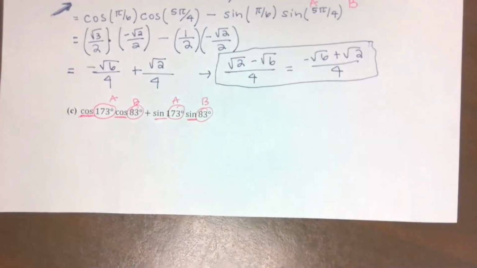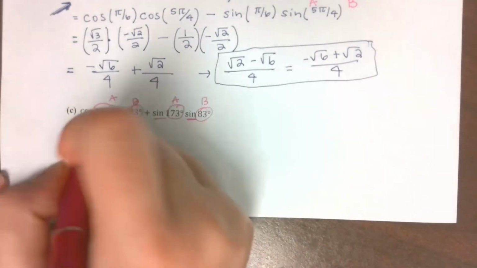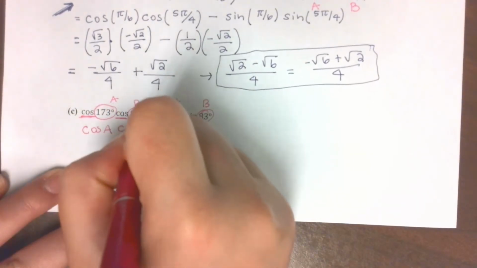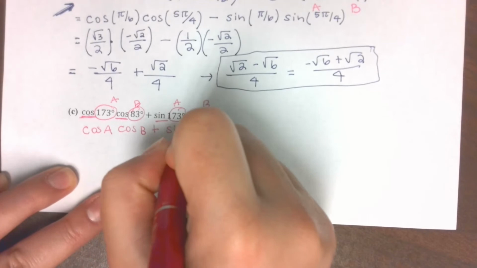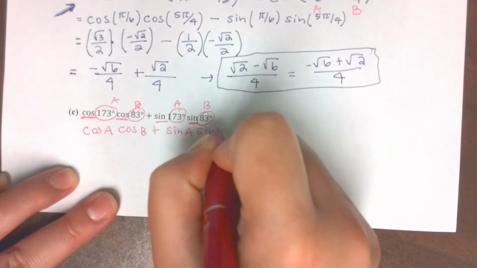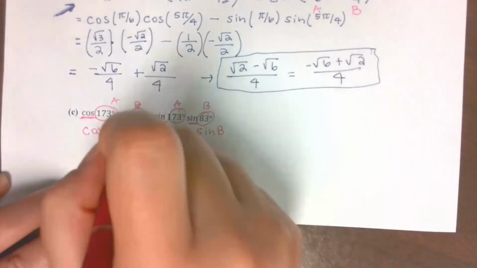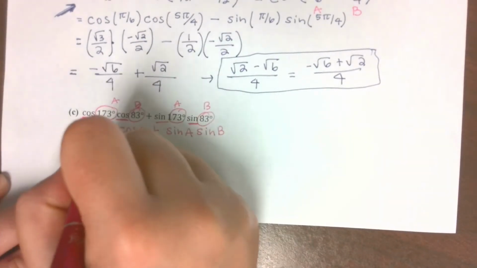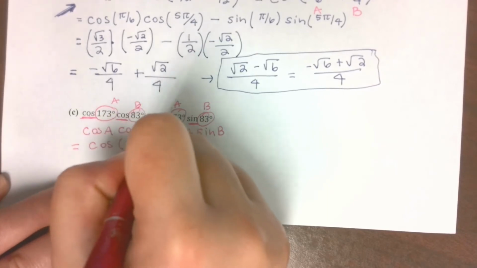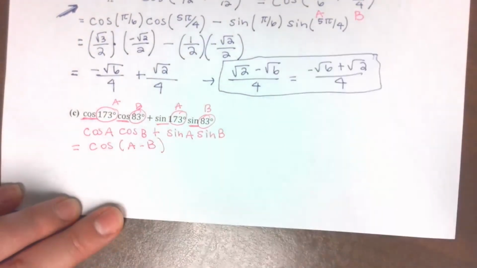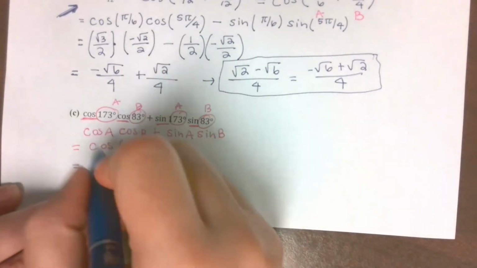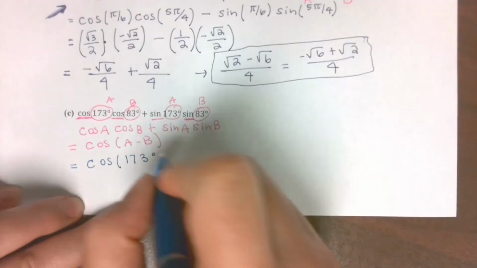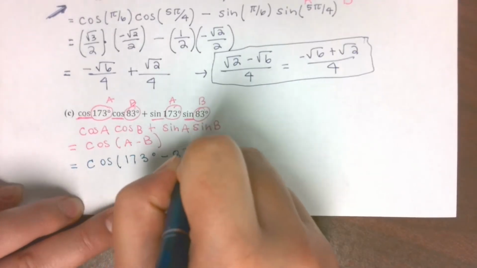Okay, so if 173 degrees is A and 83 degrees is B, so we have cosine A times cosine B plus sine A times sine B. Okay, so this is the difference identity for cosine. So this is equal to cosine of A minus B. Alright, so if we plug in our values for A and B, we have cosine of 173 degrees minus 83 degrees.